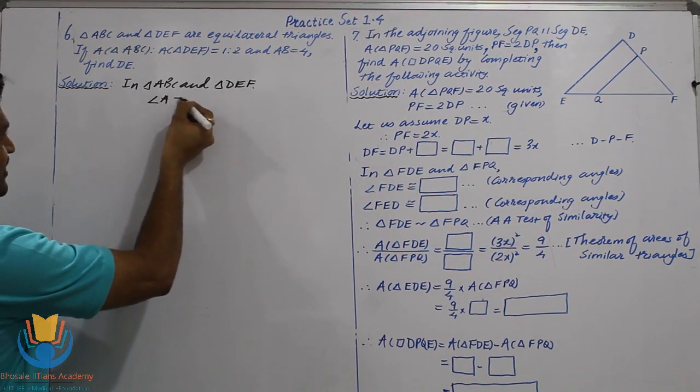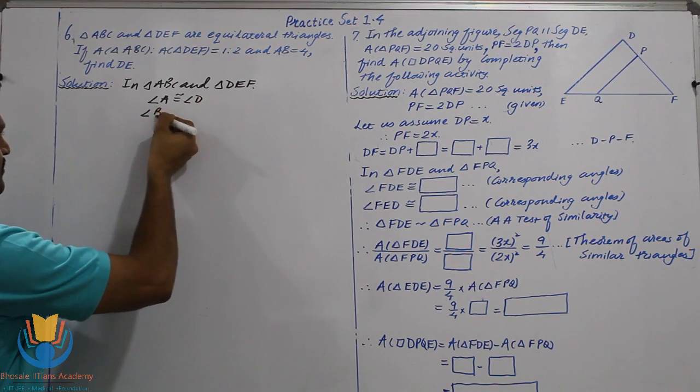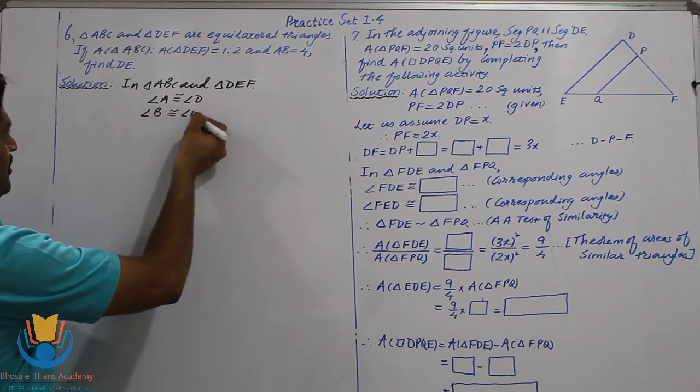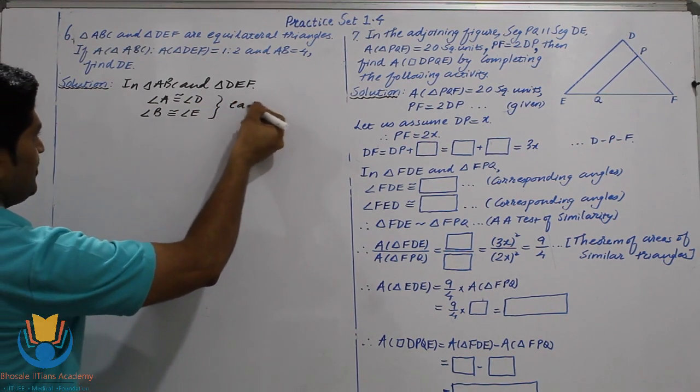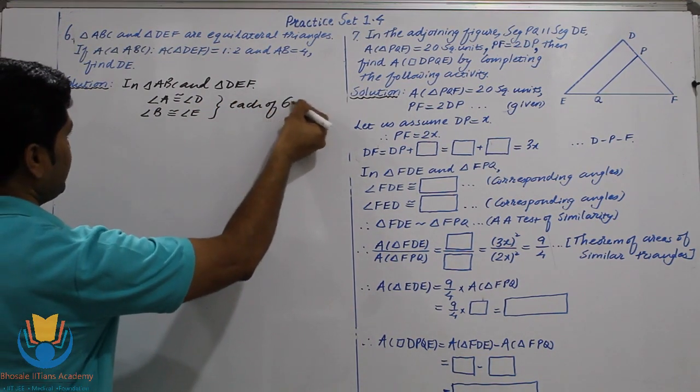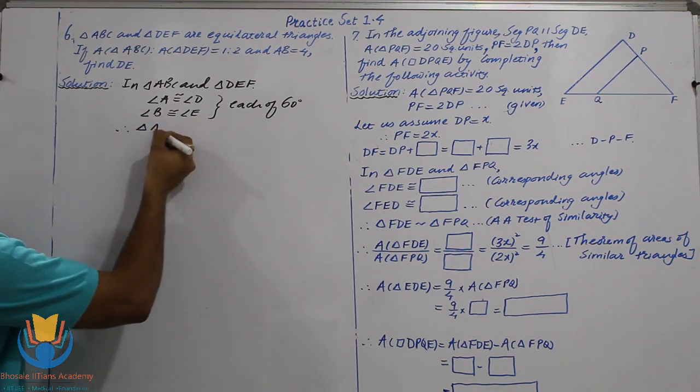So let's take angle A congruent with angle D and angle B congruent with angle E. For both we will write the reason: each of 60 degree. So those two triangles became similar.